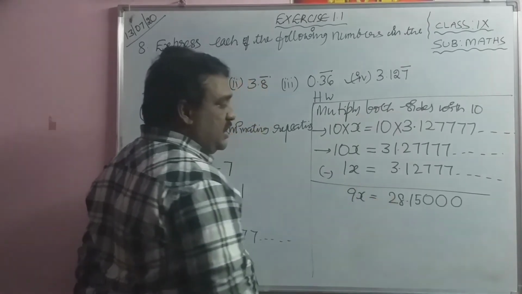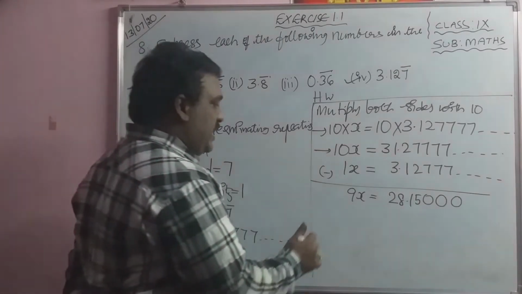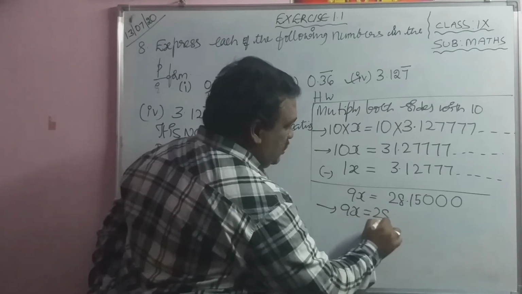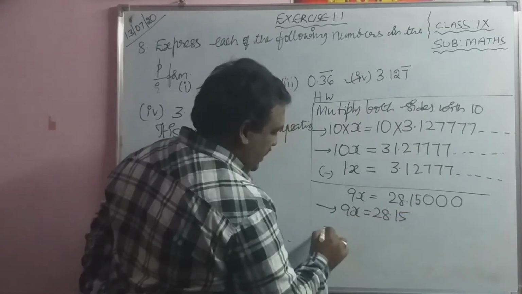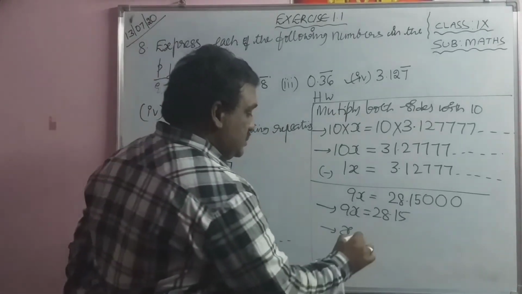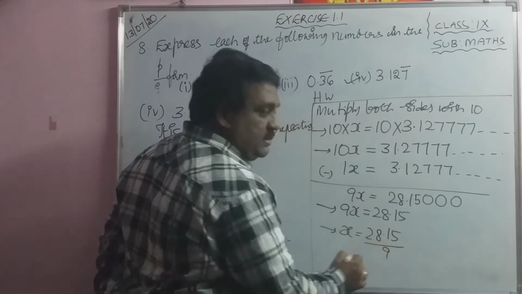So 9x equal to 28.15, without zeros. X equal to 28.15 by 9.